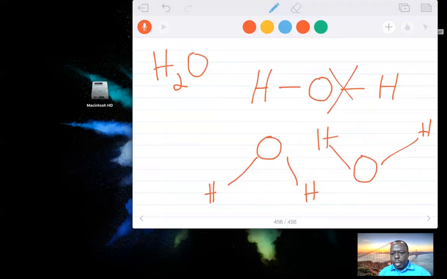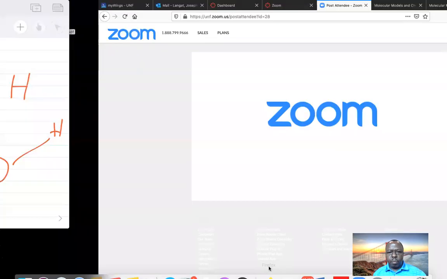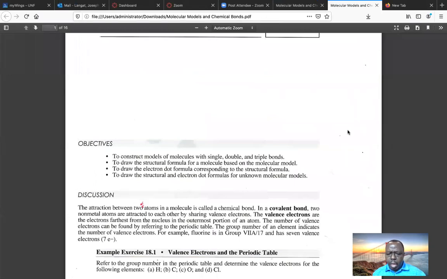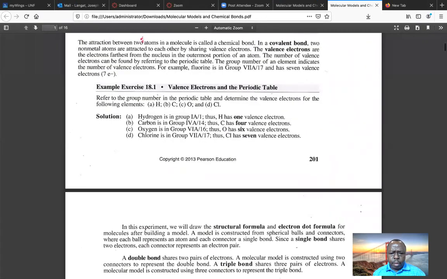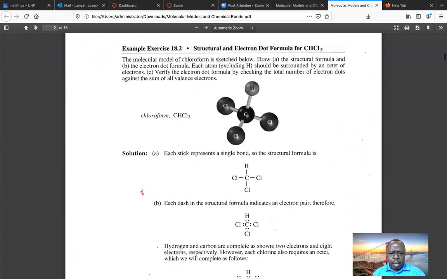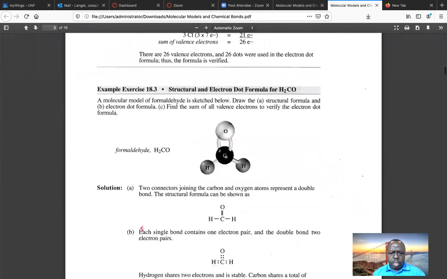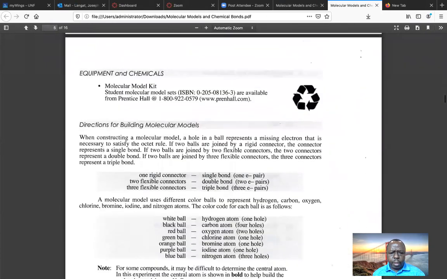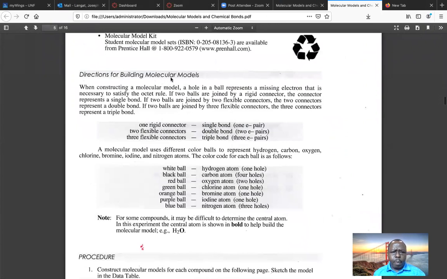If you read the background in the handout, we have color coding for different atoms. I think there is a section which talks about the different color codes for the molecular models. What I'm holding, or what I showed you, is molecular models.